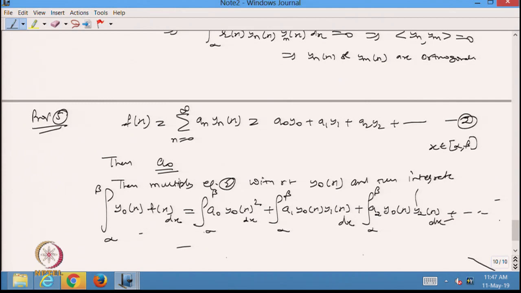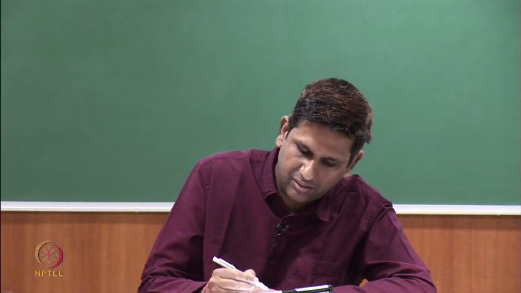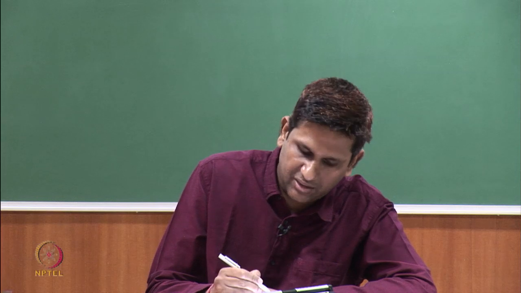So, I am taking the integration now. Just now we have found that this function y naught x and y1 x, they are orthogonal to each other with respect to the weight function Rx. So, now I can multiply again with the Rx here.